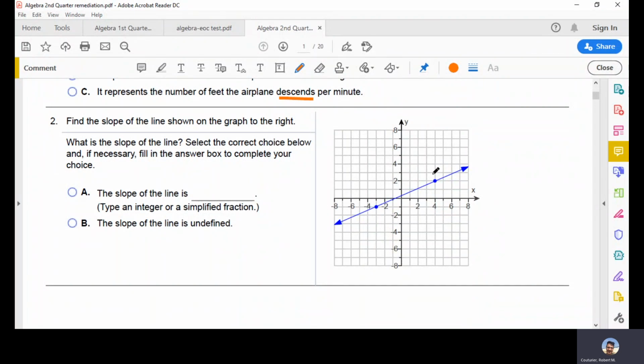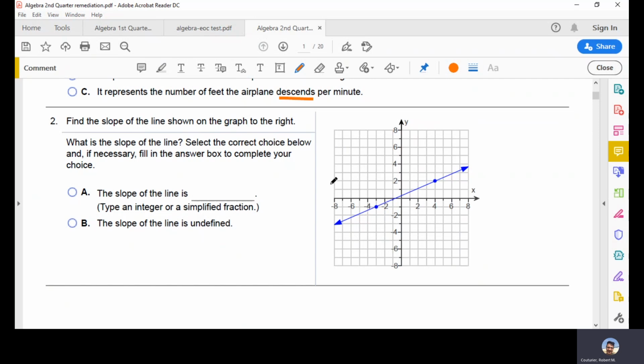Next one, find the slope of the line shown on the graph. There are two ways we can do this. If you're given a graph like this one, where the margin is clearly identified, 1, 2, 3, 4, 5, 6 for the x's and 1, 2, 3, 4, 5, 6 for the y's, it's very easy to see. They don't give us the points, but we can find them.